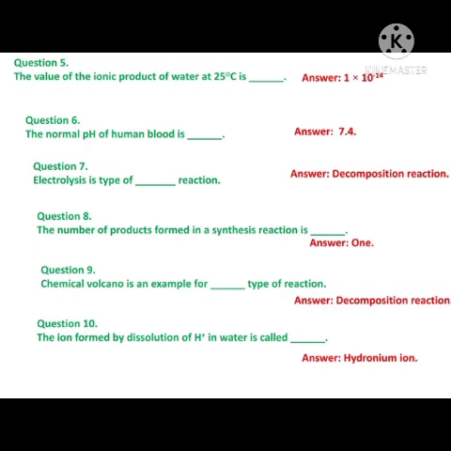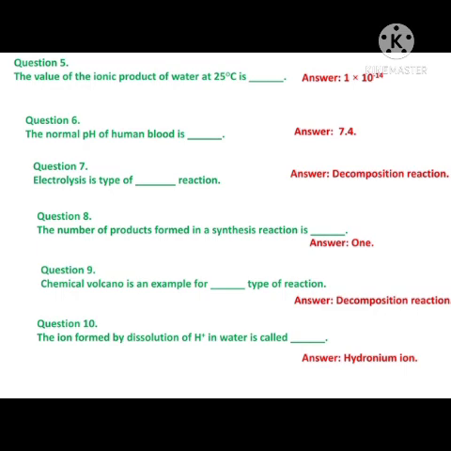Next question, question number 7. Electrolysis is a type of dash reaction. Yes, that is a decomposition reaction. Next one, the number of products formed in the synthesis reaction is 1. Ninth one, chemical volcano is an example for dash type of reaction.